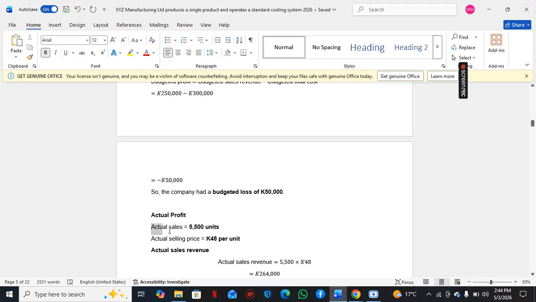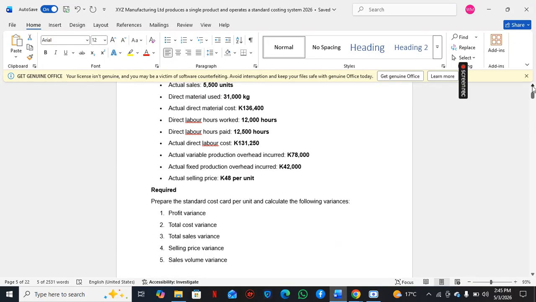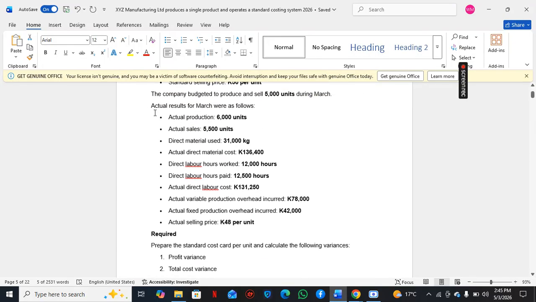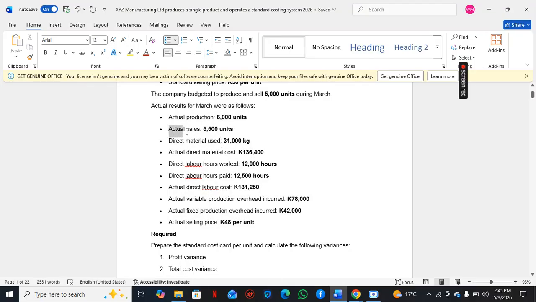So actual sales: they told us we actually sold 5,500 units, and the selling price per unit is 48 kwacha per unit.